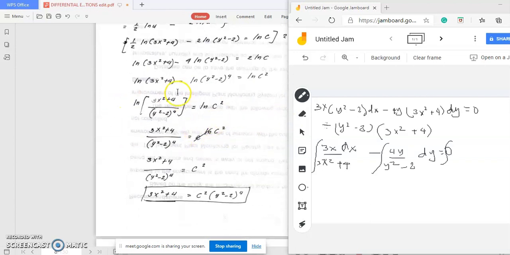Now, let's continue. In the logarithmic process, if you have the ln, the positive part of the ln becomes the numerator, and the negative part of the ln becomes the denominator. Okay, you always remember that.